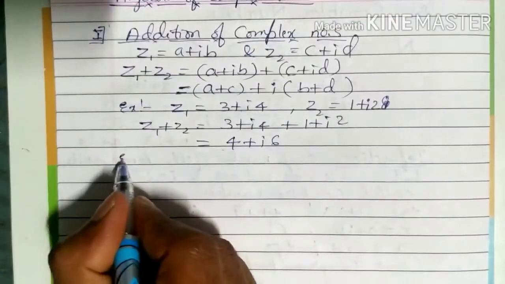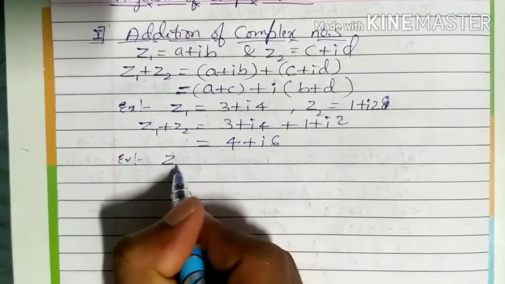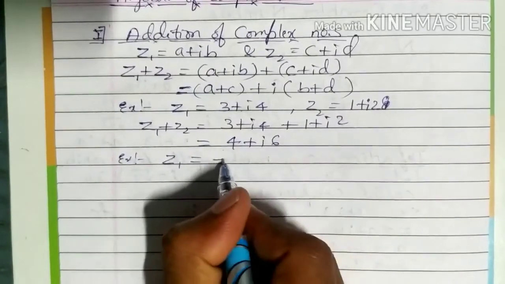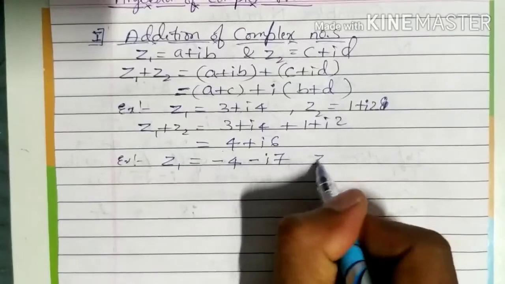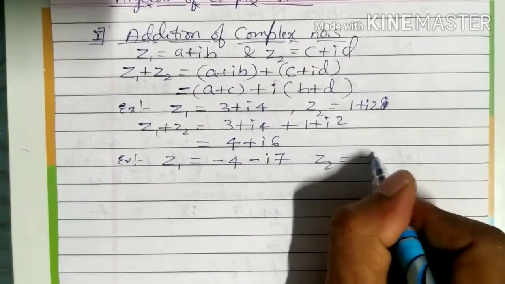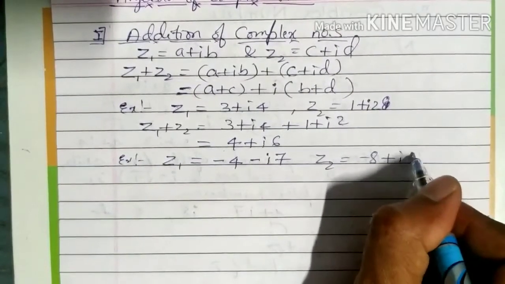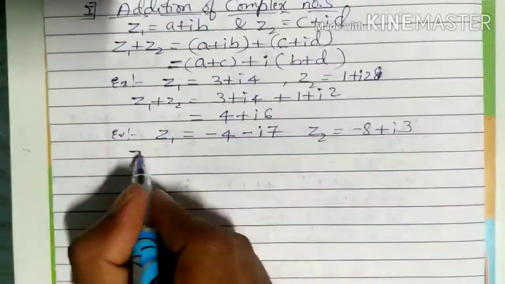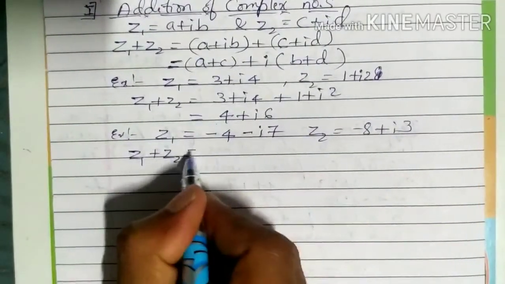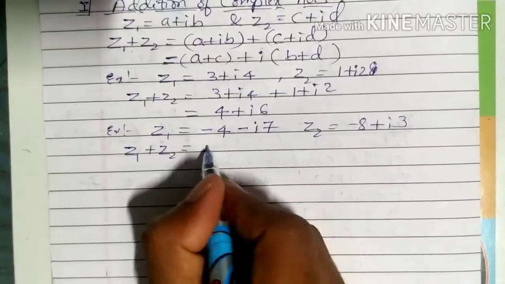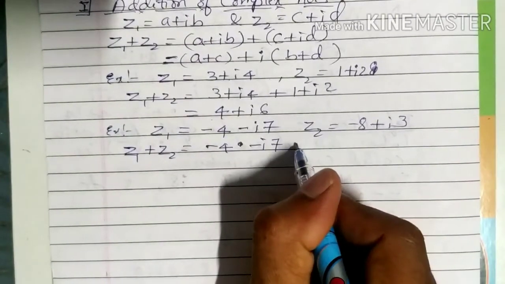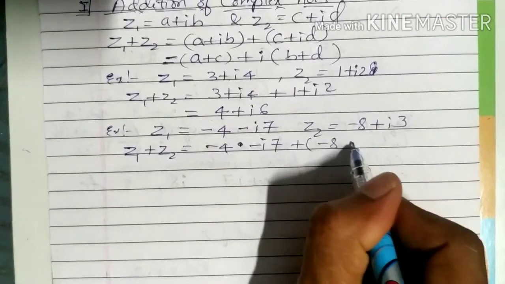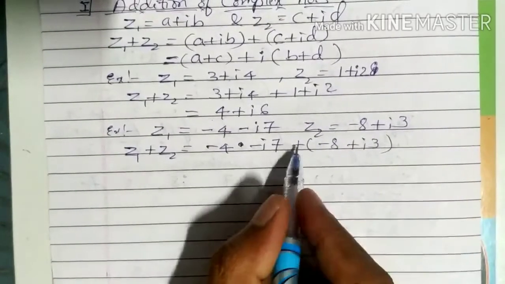In the same way, if I consider one more example, z1 is equal to minus 4 minus i7, z2 is equal to minus 8 plus i3. Addition of these two is minus 4 minus i7 plus minus 8 plus i3. Adding these two complex numbers.